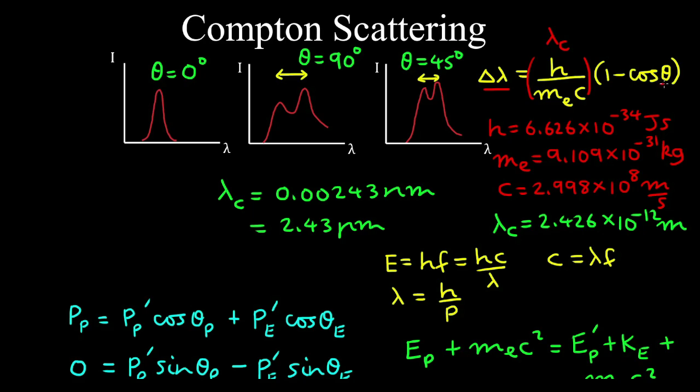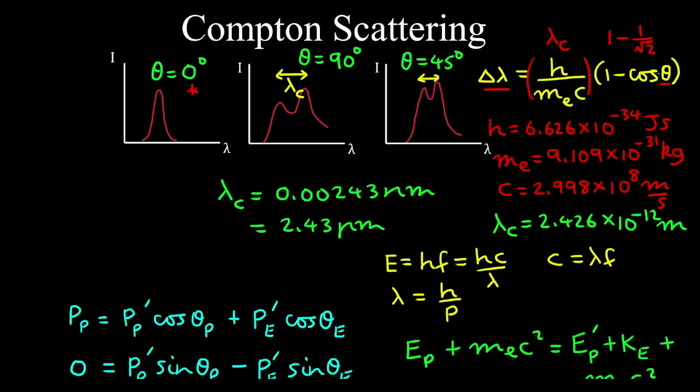So for an angle of 0, cosine theta is 1, so there's no Compton shift. For an angle of 45 degrees, you get 1 minus 1 on root 2. And for an angle of 90 degrees, cosine theta is 0, and the Compton shift in this case is equal to the Compton wavelength.